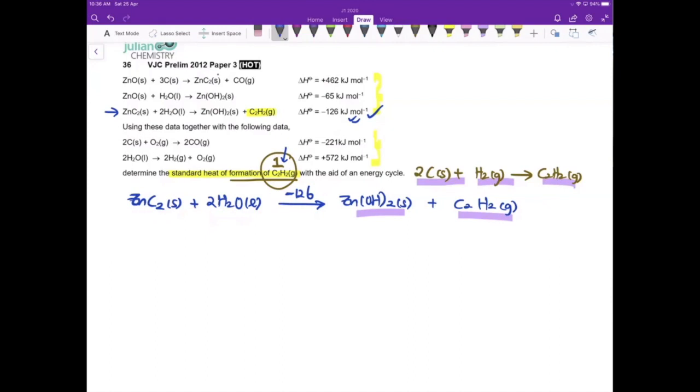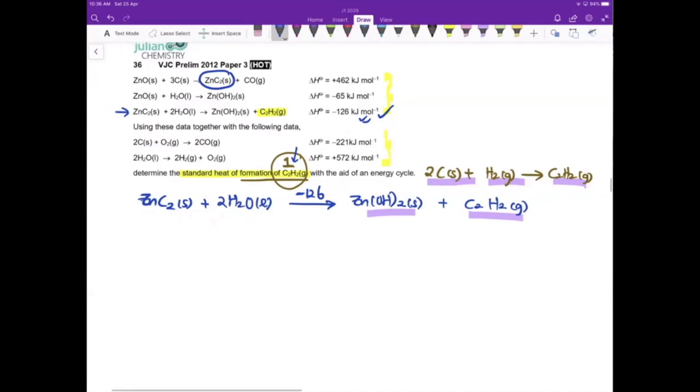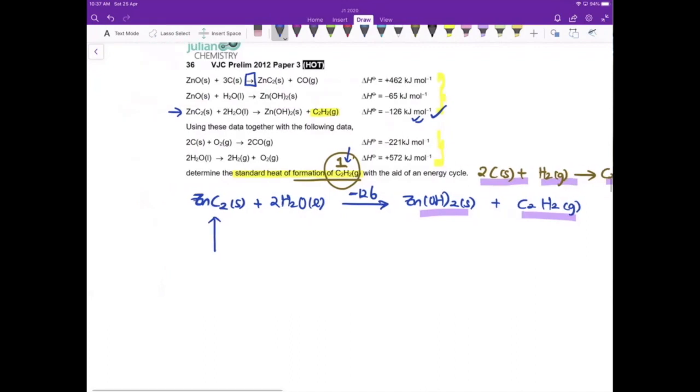So zinc carbide appears here, but as a product. So therefore, what I will do, I will copy the equation exactly, since it's 1:1. So the arrow, you keep it, you don't switch it around. Keep the arrow and point towards the zinc carbide as a product. Now you realize that now zinc carbide is there.